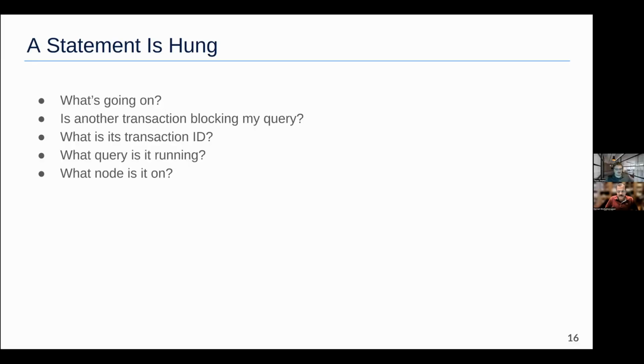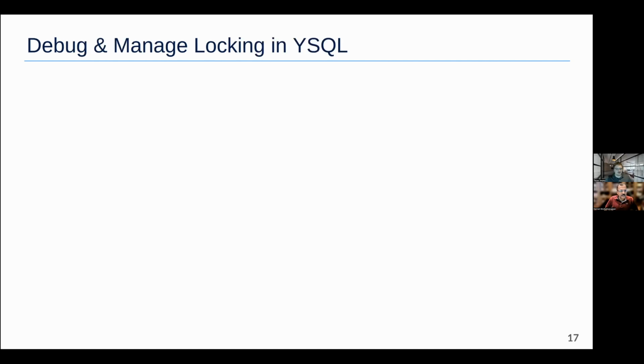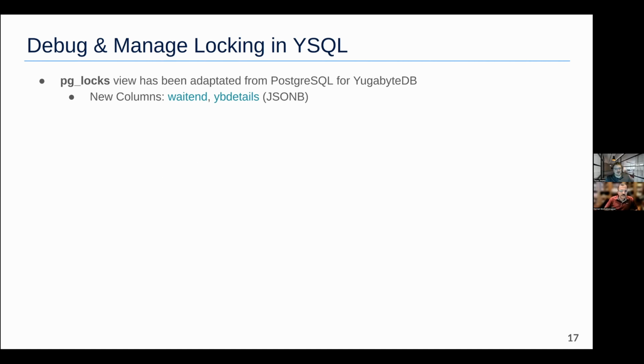All right. So you need to know what node it is running on and what query it is running. We've adapted pg_locks from Postgres for Yugabyte, and we've added 2 new columns, wait_end and yb_details. It has all of the original columns, plus a 3rd new column, wait_start, which is actually in Postgres 13.